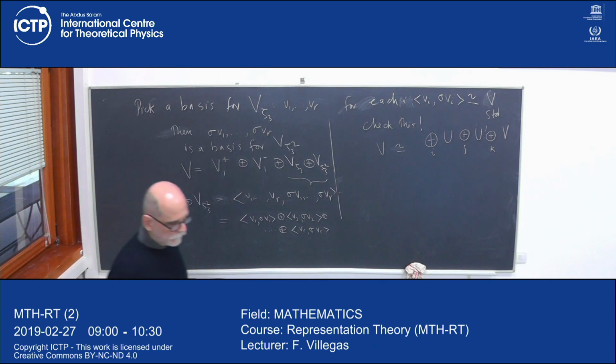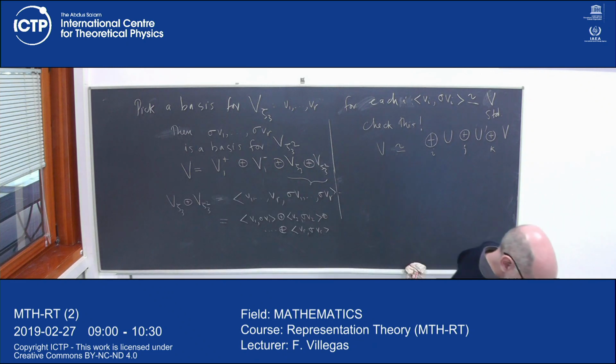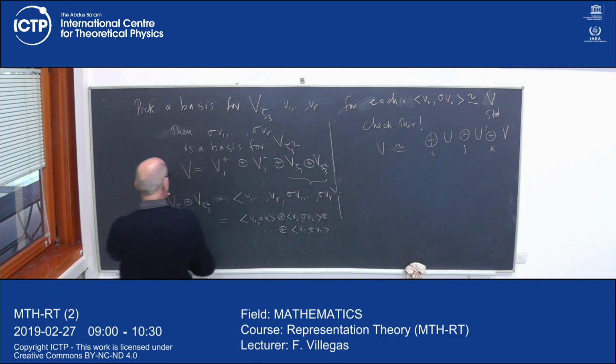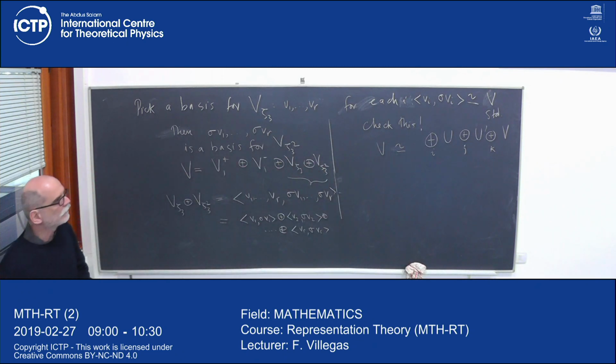Okay, so as I was saying, we did this with the bare hands for the case of S3, but much of what we did is true for an arbitrary finite group.